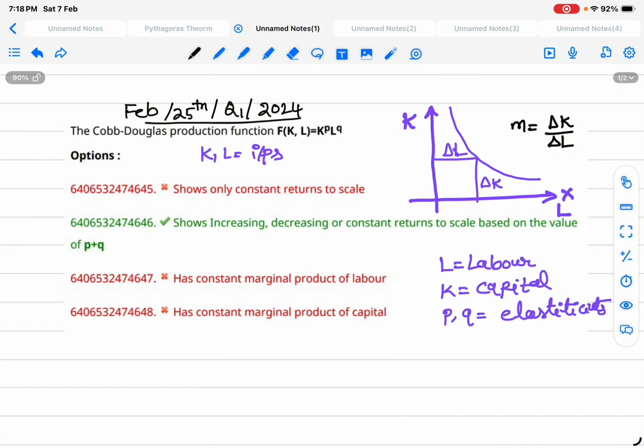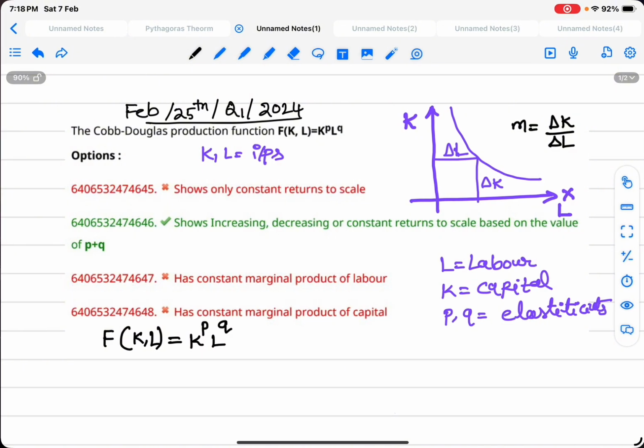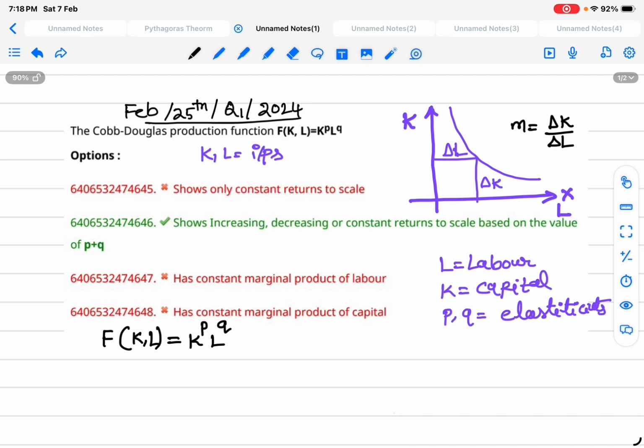First we will check the production function F in terms of K, L equals K power P, L power Q. This is the given. The first option says it shows only constant returns to scale. What is meant by returns to scale?